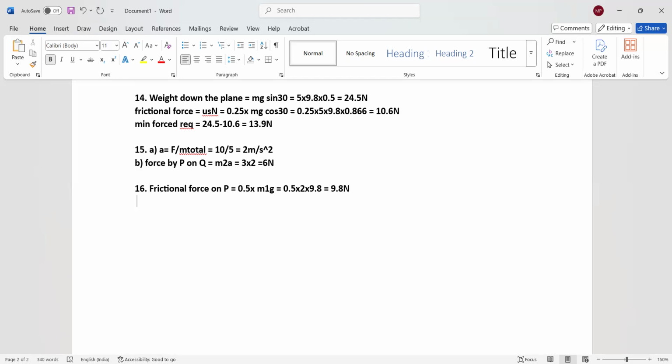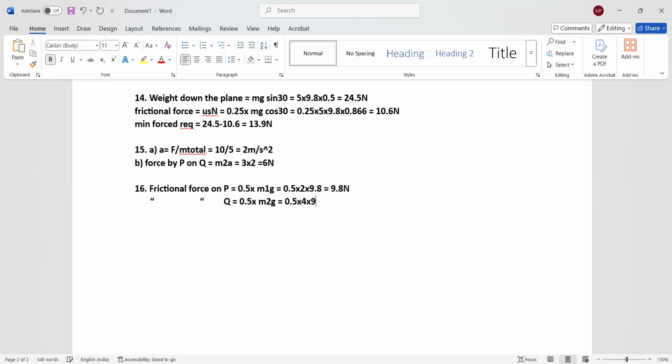Likewise, frictional force on Q is equal to 0.5 into M2g, which is equal to 0.5 into 4 into 9.8.